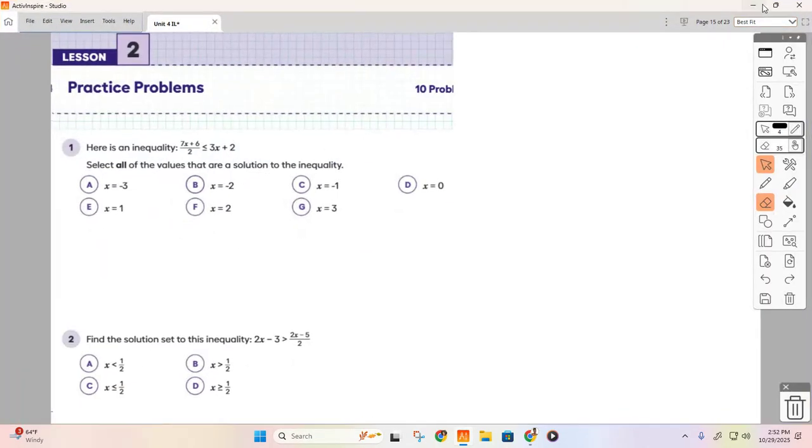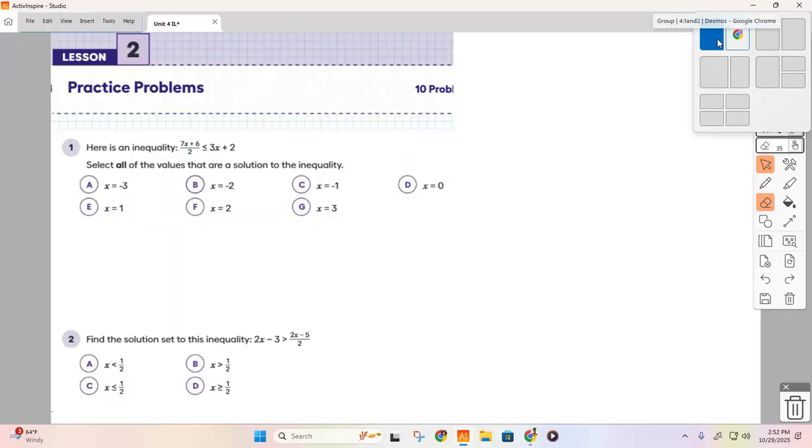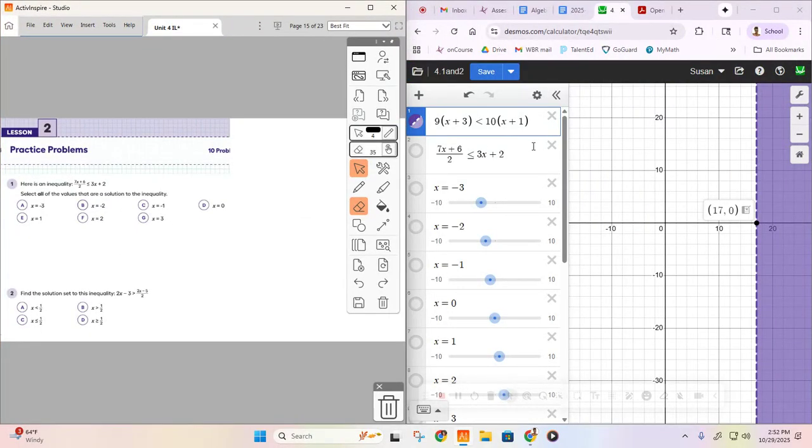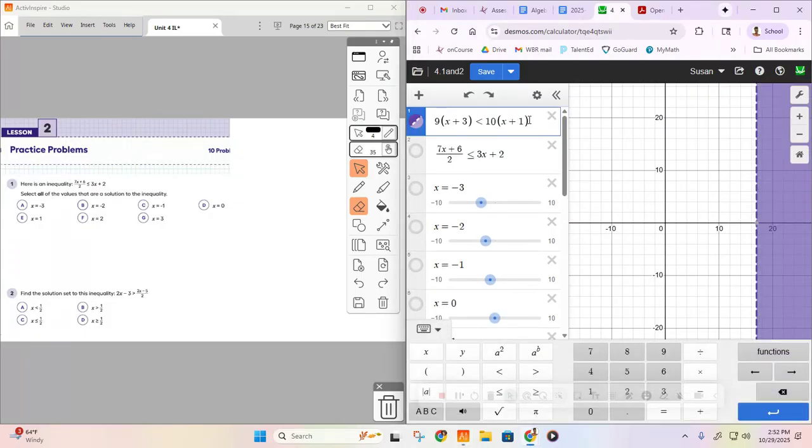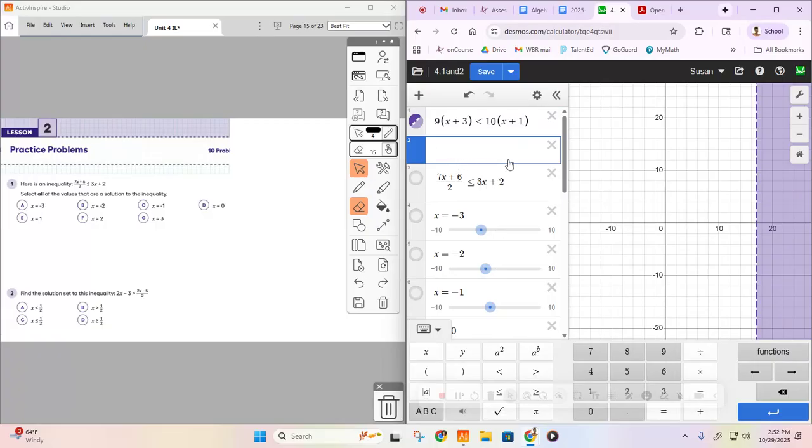First thing that I wanted to make sure y'all understood how to do was to type these in. So if I'm starting to type an equation, y'all look up at the screen. If you look at your first problem in the practice problems, it starts with 7x plus 6 over 2.